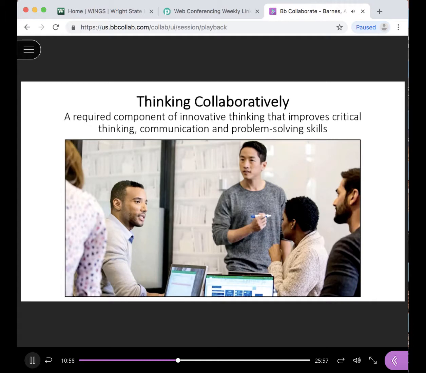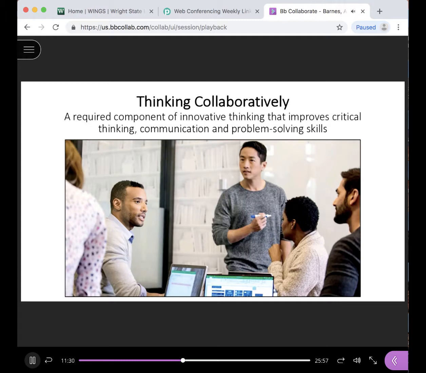Also, a major benefit of thinking collaboratively is that it forces you to communicate, whether orally or in writing. However you're connected with the people that you're collaborating with, you have to be able to express yourself and your ideas or thoughts, and in turn be open to hearing other people's thoughts, opinions, and perspectives.